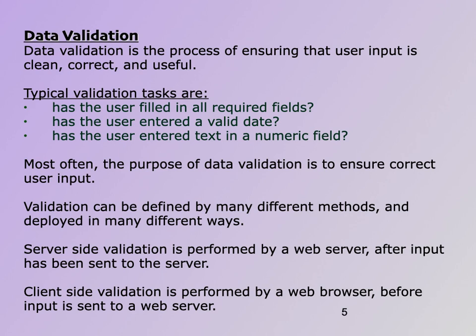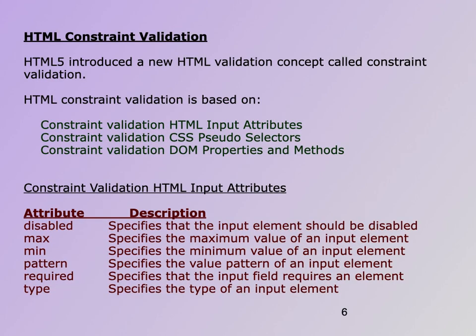There are different types of validation methods and techniques. You will see some more. HTML constraint validation: HTML5 introduced a new HTML validation concept called constraint validation. HTML constraint validation is based on constraint validation HTML input attributes, just like we had seen the required attribute. Some more attributes are there, we will see that.